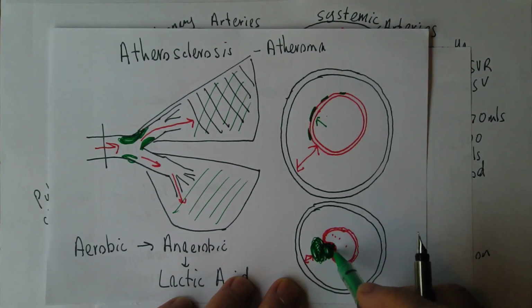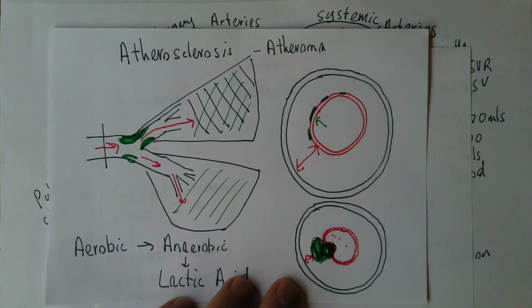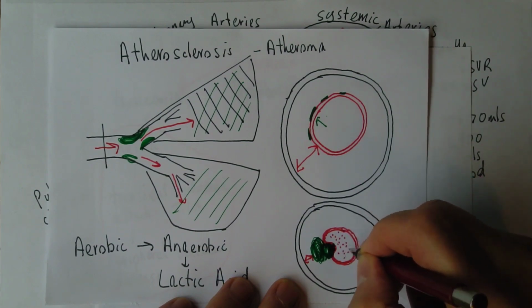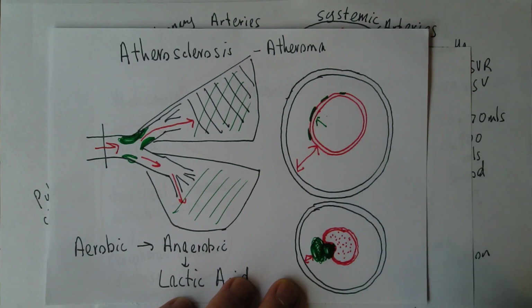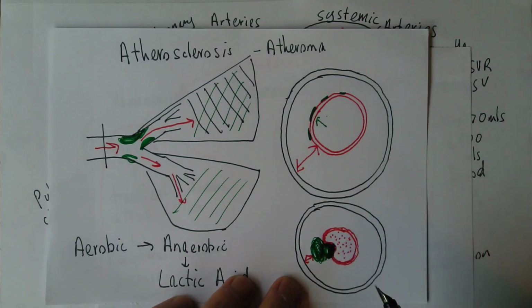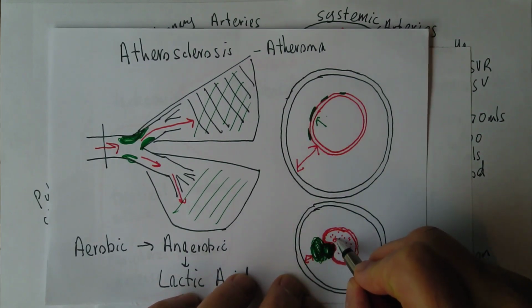And the core of the plaque is atherogenic, it will promote coagulation. So if the plaque ruptures and the blood comes into contact with the core of the atheromatous plaque, then a blood clot can start to develop.